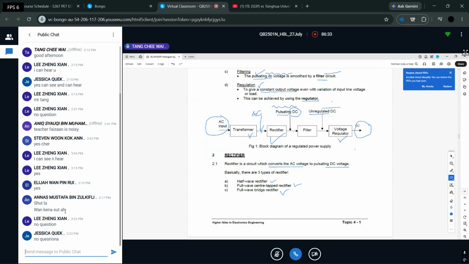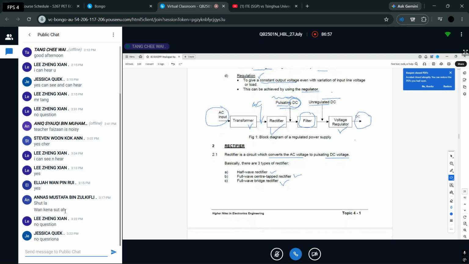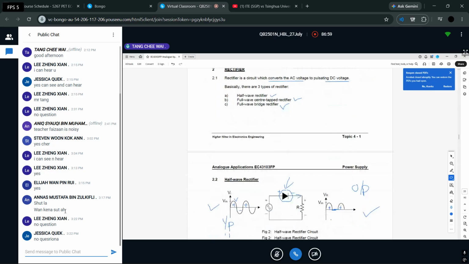Now we are going into a filter circuit, or filtering, before we move to the last stage of voltage regulation. And just now the waveform you saw, we call it a pulsating DC. So I continue from there.